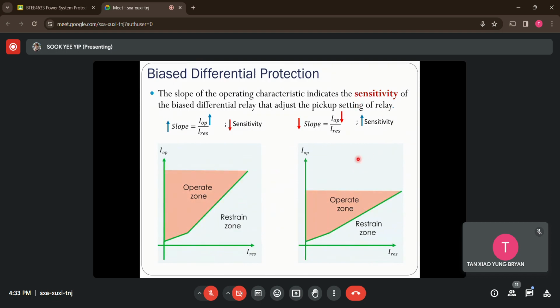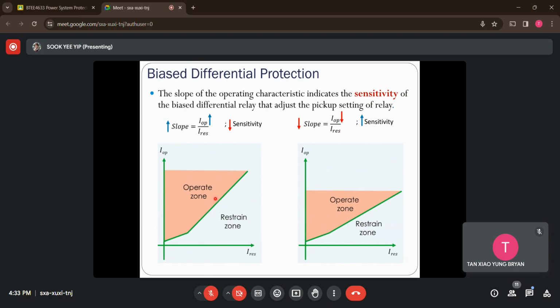If I adjust the slope to become much lower, again this is directly proportional: low slope means you need much lower fault currents, or lower operating currents, to turn on the operation of the relay. This indicates the relay is much more sensitive in this case. So by adjusting the slope, you are actually changing the pickup percentage of this bias differential relay.